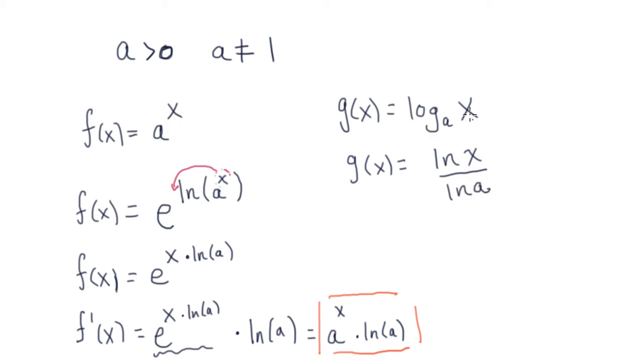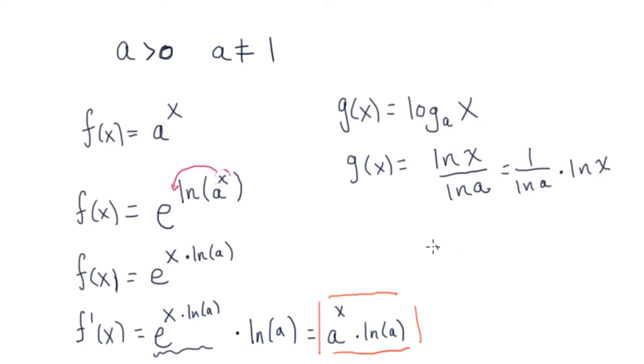If I want natural log, it's just natural log of this divided by natural log of that. But we know what the derivative of natural log is. And again, this natural log of a is just a factor. So in this case, it's like 1 over natural log of a. So now you're seeing why a can't be 1, because otherwise this would be 0, times natural log of x. So it's just a constant times natural log of x.